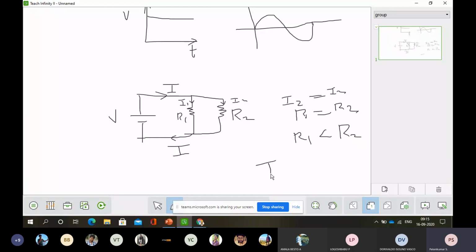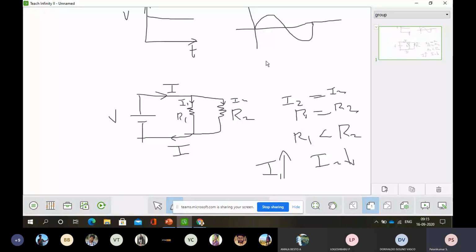Automatically, my I1 will increase and I2 will decrease. If R1 is very low compared to R2, I1 will be a very high value and I2 will be a very low value.